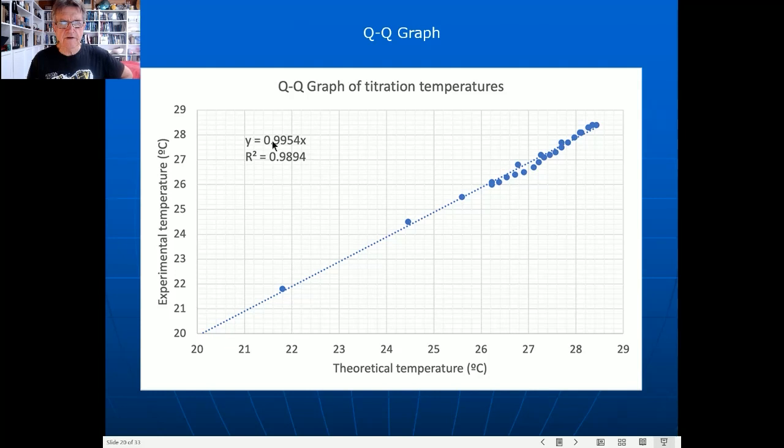Now I'm getting a value of 0.9954, so it's 99.54% of the accepted temperatures, so that's pretty good. And the R squared's pretty low, a little bit of wobble down here when it was coming back down to its original temperature. So the temperatures rose and then came back down. Okay, so that's that.